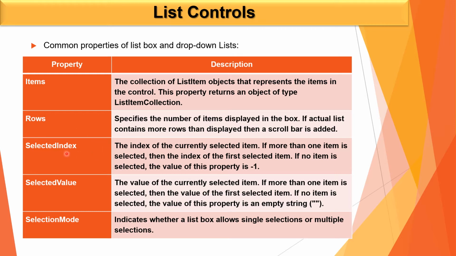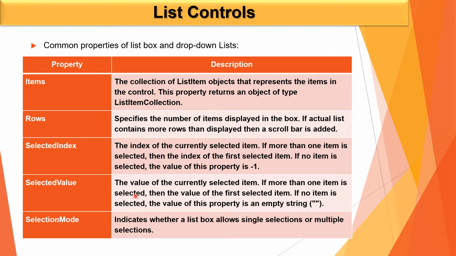Then the SelectedIndex property gives the index of the currently selected item. If more than one item is selected, it gives the index of the first selected item, and if no item is selected, the value of the property will always be -1.